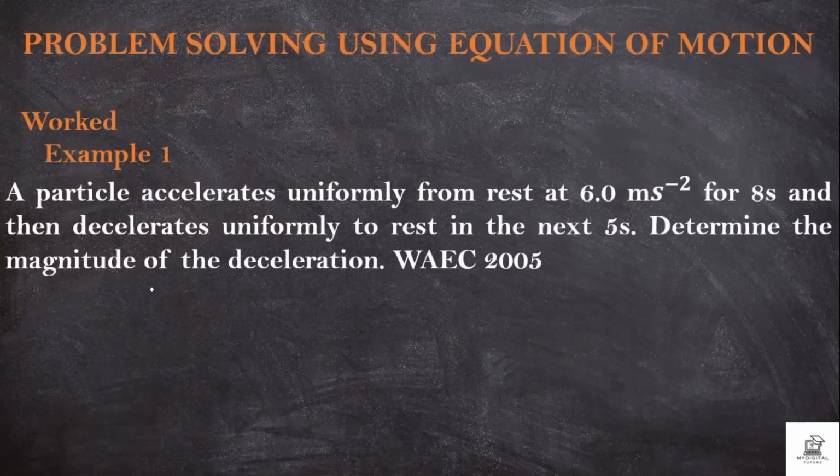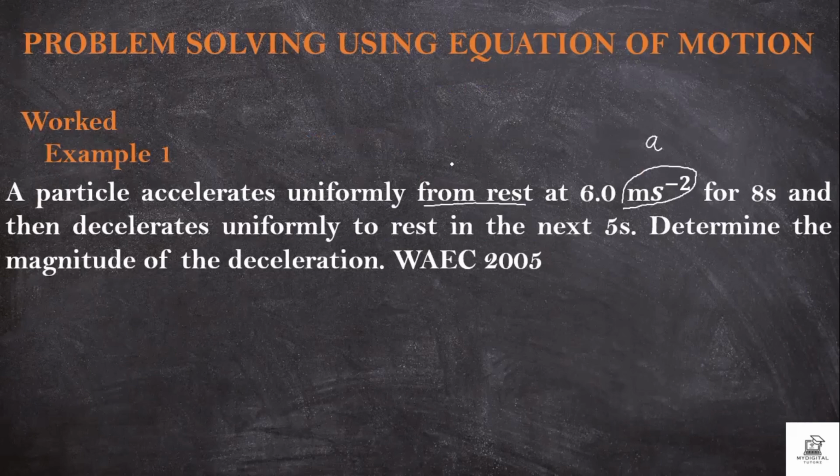Now let's see how to solve problems using equations of motion. The first question says, a particle accelerates uniformly from rest at 6 meters per second squared. Since we are seeing meters per second squared, that shows that this is acceleration.